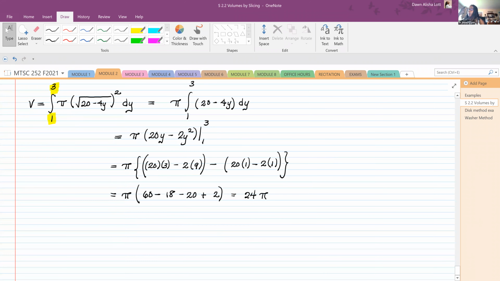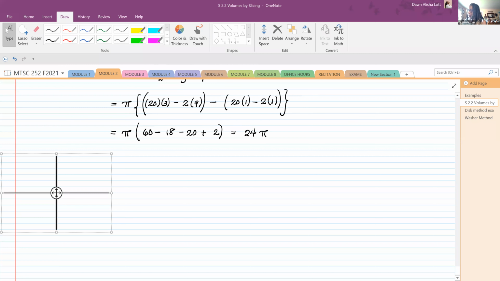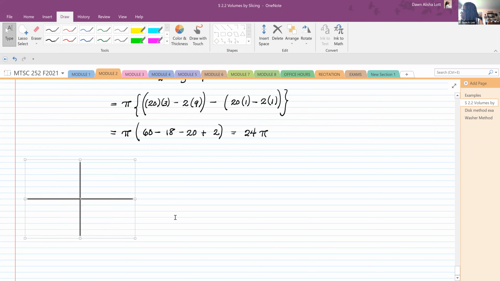So when you are doing these volumes by revolution for the disk method, the easier ones will give you a region like this.